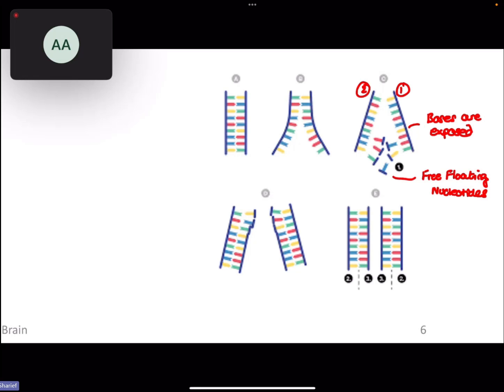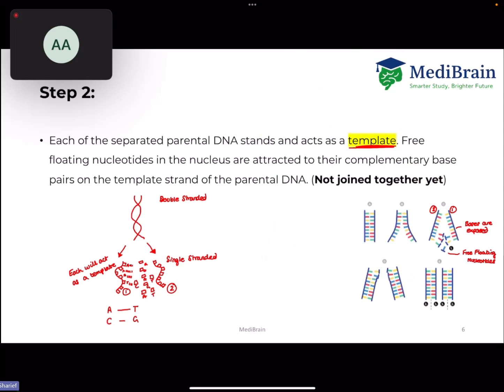Okay. So if we put that into words, each of the separated parental DNA acts as a template. Free-floating nucleotides in the nucleus are attracted to the complementary base pairs on the template strand of parental DNA, not joined together. That is step 2. So step 1 is that this double-stranded DNA becomes single-stranded.